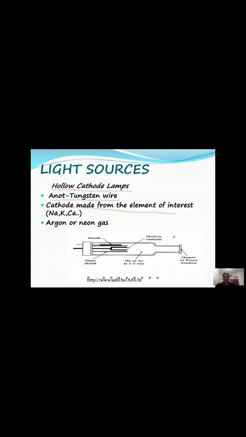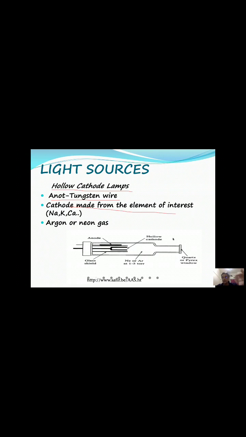If you want to detect 20 elements, you have to change the cathode 20 times, which takes time. So this is one of the disadvantages of AAS, that for the number of elements you analyze, that many hollow cathode lamps are required.